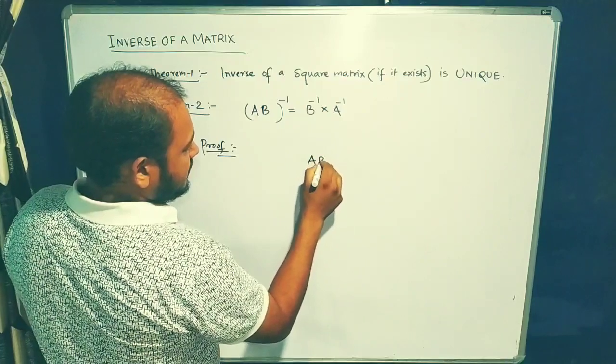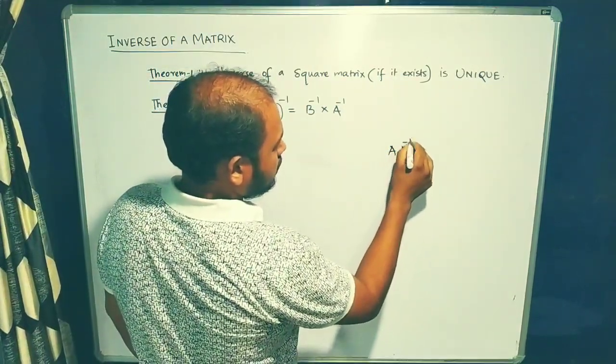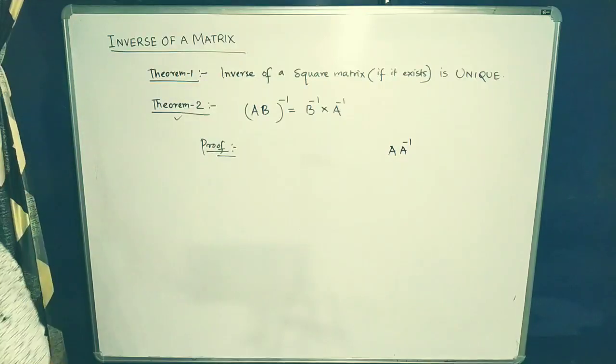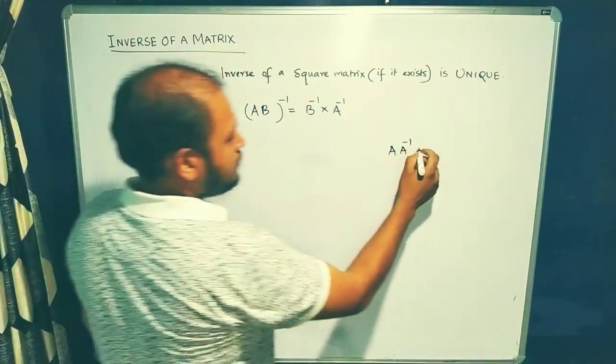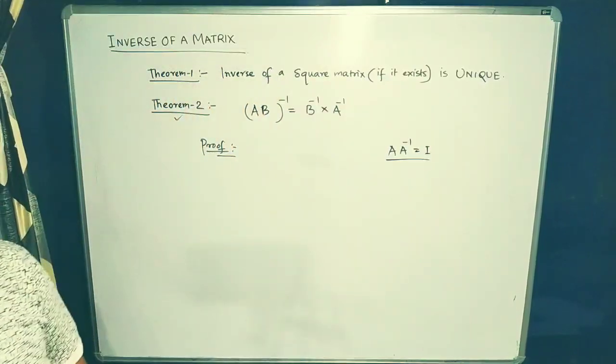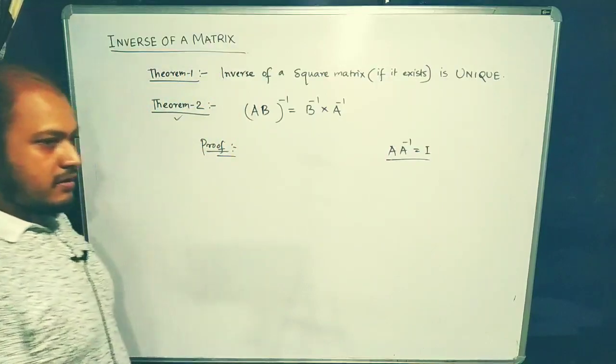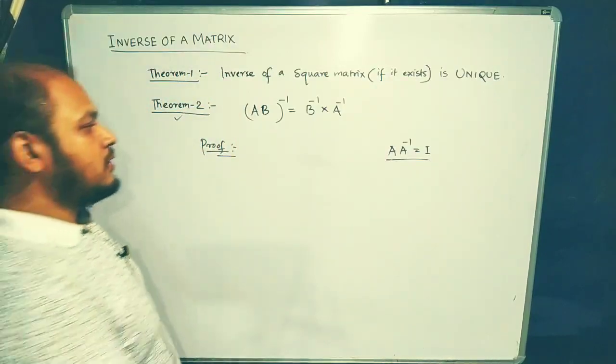So we can say that for any matrix, we already know that if you multiply a matrix with its inverse, we get the identity matrix. We have been solving so many problems, and we see that any matrix multiplied by its inverse becomes the identity matrix.